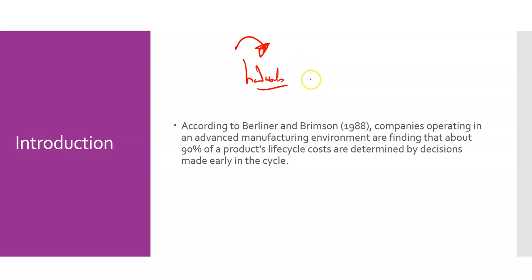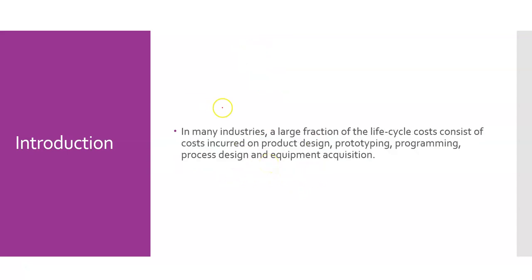The fear generally is that you've done all this hard work, someone comes along and just copies what you've done. According to Berliner and Brimson, companies operating in advanced manufacturing will see that 90% of their product lifecycle costs are made early in the cycle.